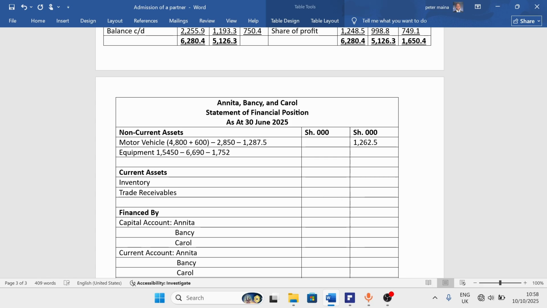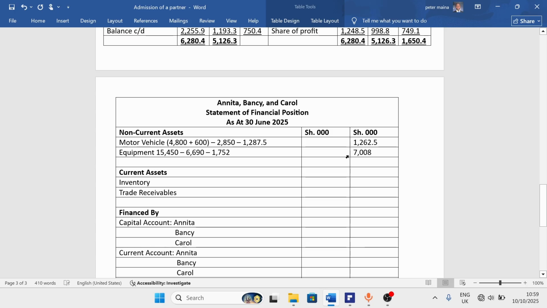So let us do the workings. So 15,450 minus 6690 minus 1752, that is giving us 7008.